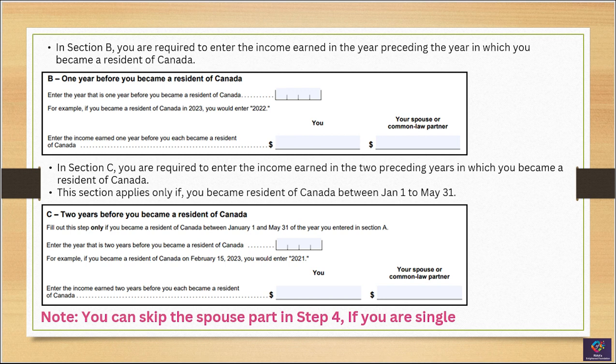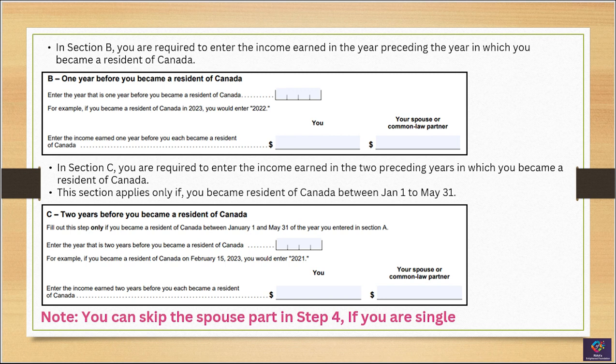And in section C, you must provide your income for 2 years before you became a resident of Canada. That is, as per our example, the income earned during 1st January 2021 to 31st December 2021. However, please note that Section C applies only to persons who became residents of Canada between 1st January and 31st May of the year you entered in Section A, that is, the year of landing.